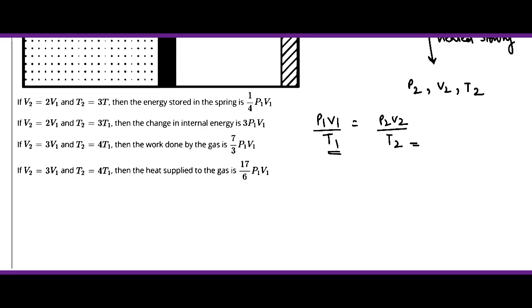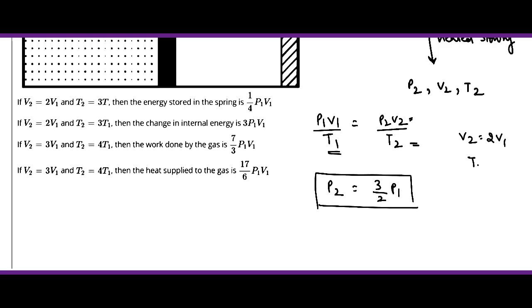From here I can find my value of P2, which comes out to be 3 by 2 P1, because I am going to solve statement 1, where they say that V2 is equal to 2V1, T2 is 3T1, and the energy stored in the spring is 1 by 4 P1V1. So my P2 is 3 by 2 P1.